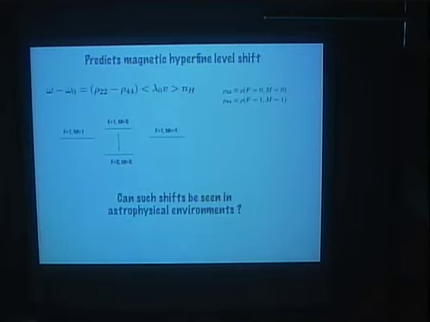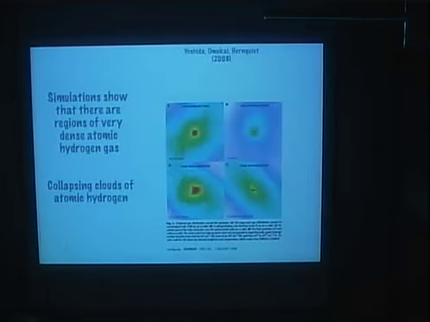Now, is that a possibility? Well, there are certain environments. Here's a picture of a simulation from a few years ago where you have the collapsing clouds of dense atomic hydrogen forming during the star formation phase, the first stars.